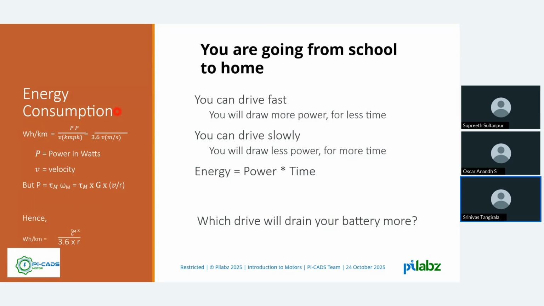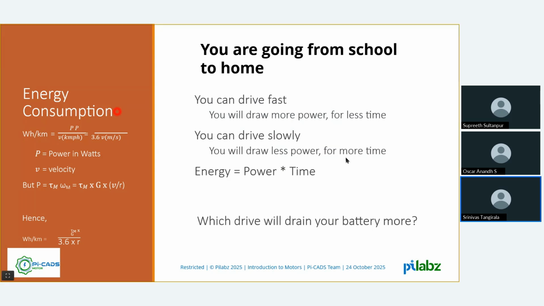And you have to reach in time. So obviously you have to maintain your vehicle speed constant, which is actually a challenge because you'll encounter speed breakers, maybe some other obstacles. So your speed also varies.